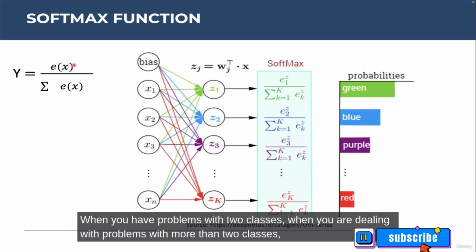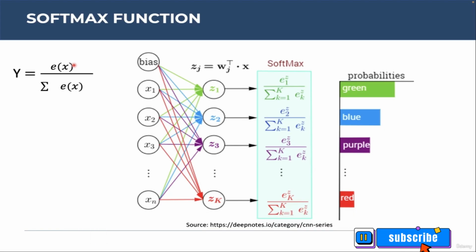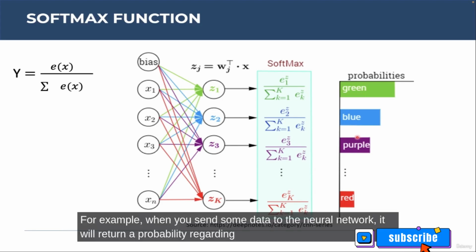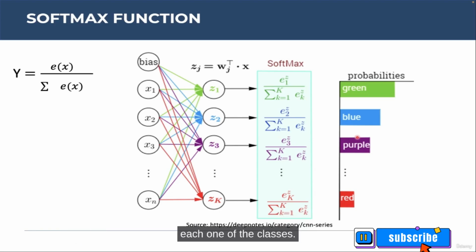When you are dealing with problems with more than two classes, you need to use the softmax function, since it will return probabilities for each one of the classes. For example, when you send some data to the neural network, it will return a probability regarding each one of the classes.